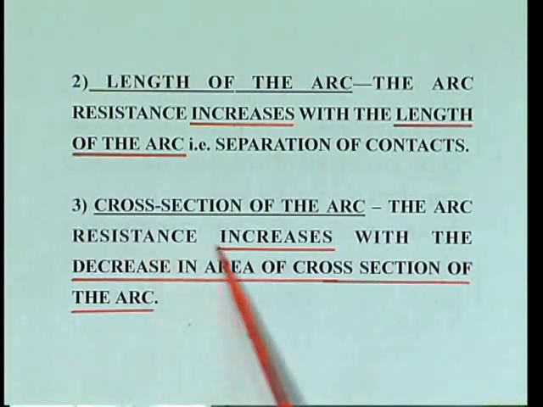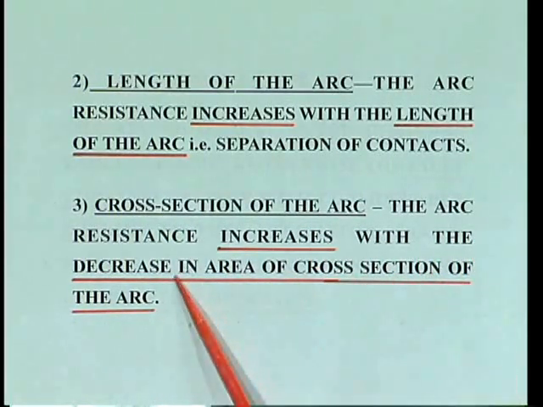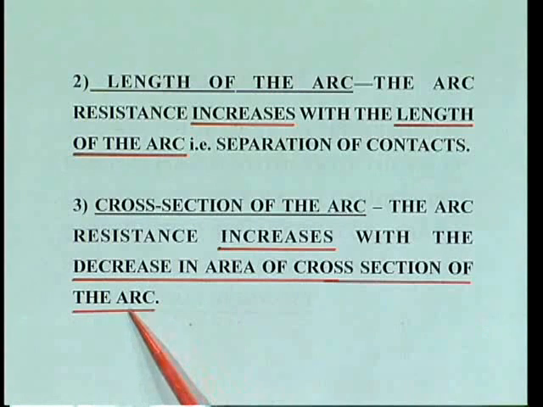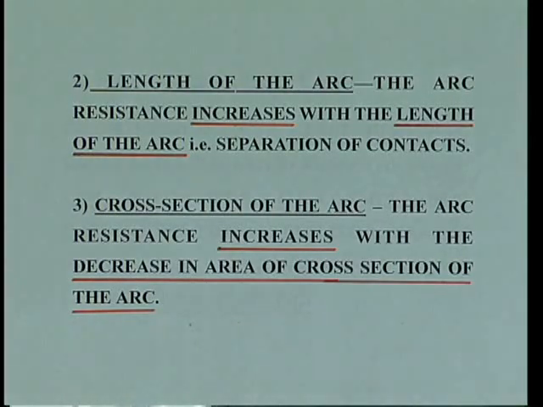The arc resistance increases with the decrease in the area of cross section of the arc, and decreases with an increase in the area of cross section. So to increase the resistance, the area should be decreased. These are the factors affecting the arc of the circuit breaker.